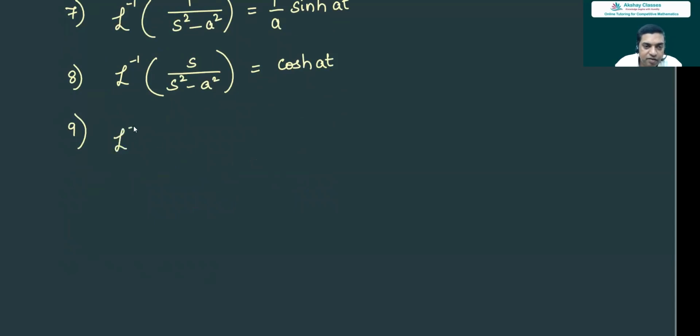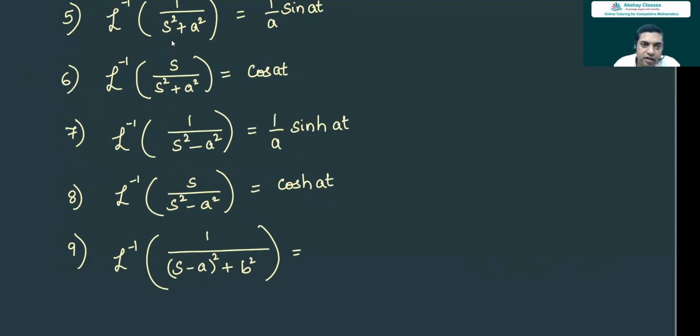Next, Laplace inverse of 1 upon s minus a the whole square plus b square. So look at this. If it is s square plus a square, it is 1 by a sine at.